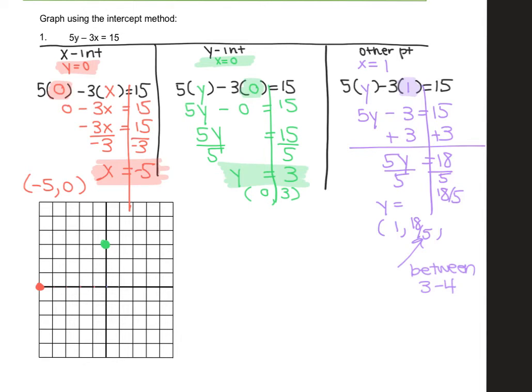So over 1 and between 3 and 4. So somewhere right there. Does that fit with my line? It does. So that means my other 2 points are right on. And I'm good to go.